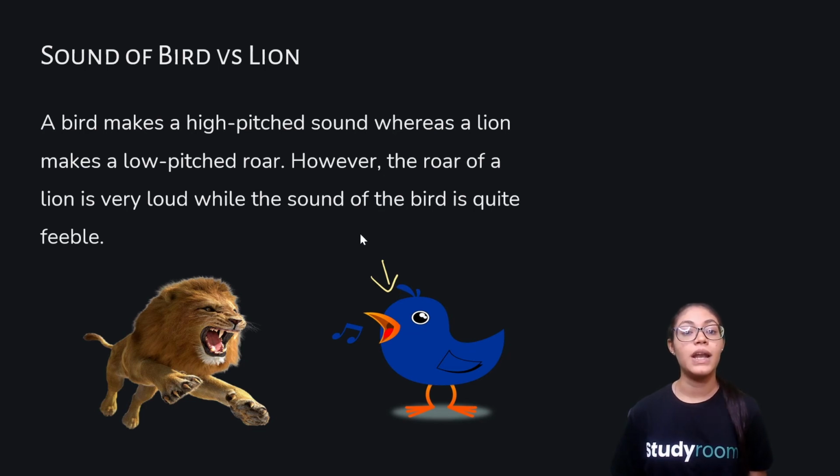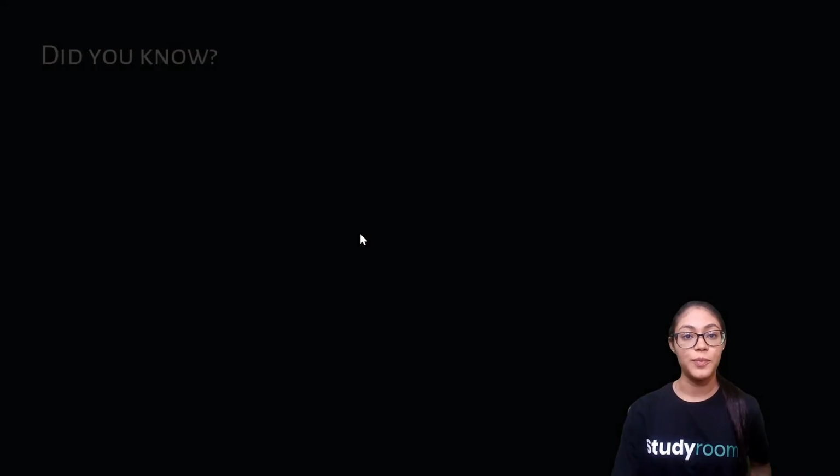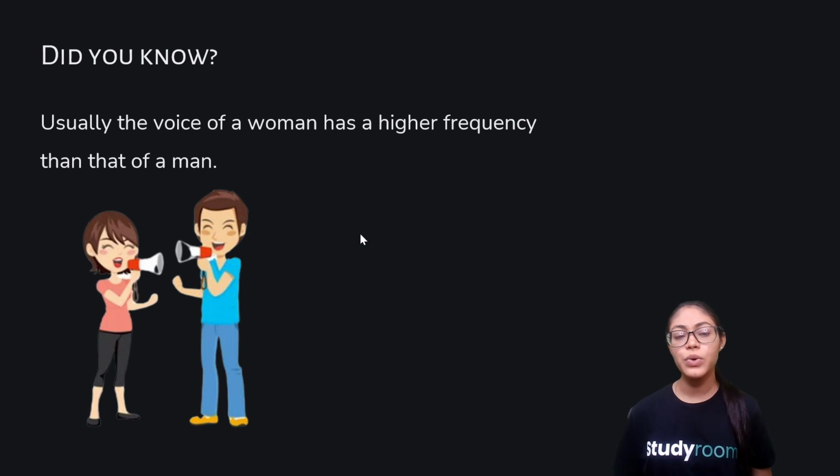So we can say that loudness and pitch are two different characteristics, right? Let's move on. Did you know that usually the voice of a woman has a higher frequency than that of a man, and therefore a woman's voice is called high pitched and a man's voice is called low pitched? Clear?